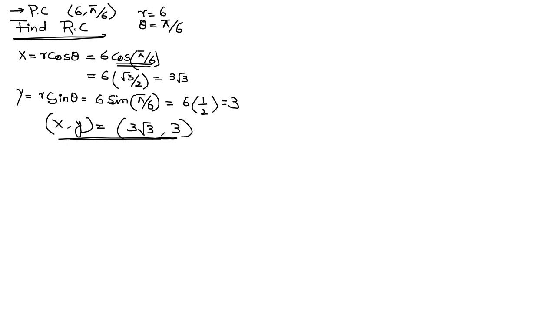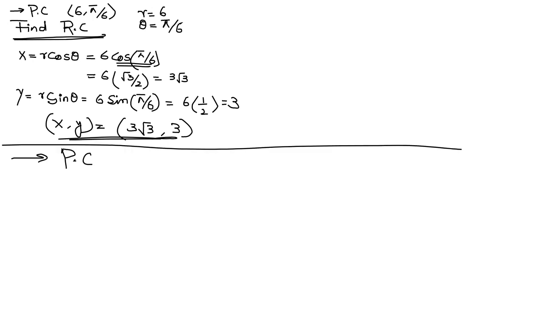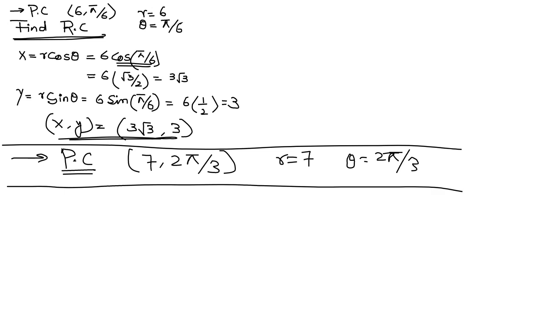Anybody can you help? If the polar coordinates are given, okay, that is 7 and 2 pi by 3. Okay, so r is equal to 7 and theta is equal to 2 pi by 3. Can you help me to solve this one? How we can solve?